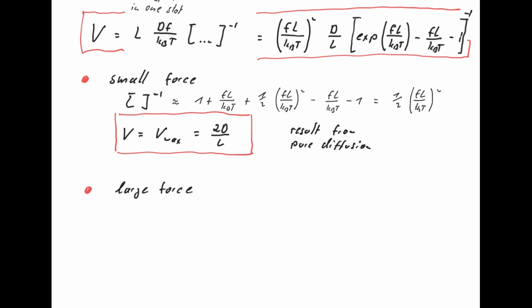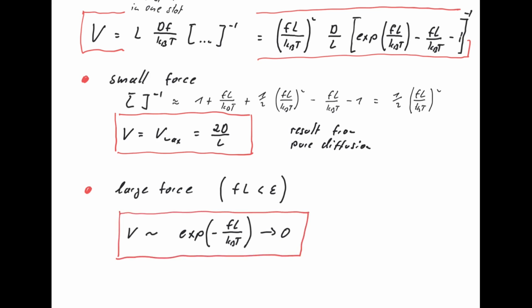Still, we have to consider that forces can be large, yet the work, F times L, has to be smaller than the energy that we obtain from the chemical reaction, the ATP burning. Well, in that case, the exponential factor is the main factor. And we see that the velocity then scales like e to the power minus FL divided by kBT, which for large forces goes to 0.